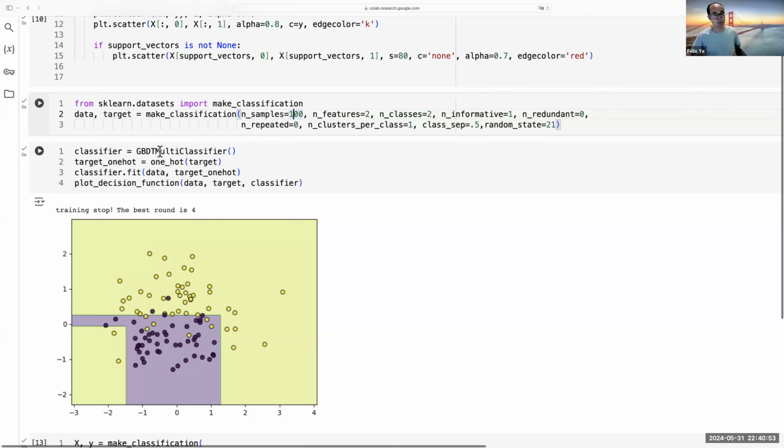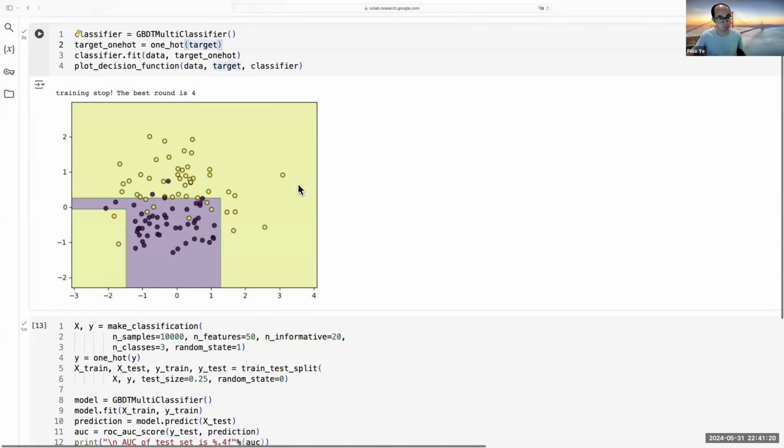If we do the decision boundary plot, you can see this actually creates the boundaries very nicely. We are using one-hot encodings, turning this classification problem into a regression problem, so we can use the regression techniques we already did before.